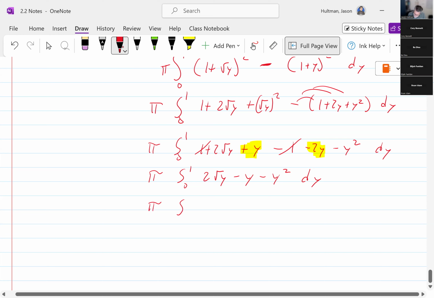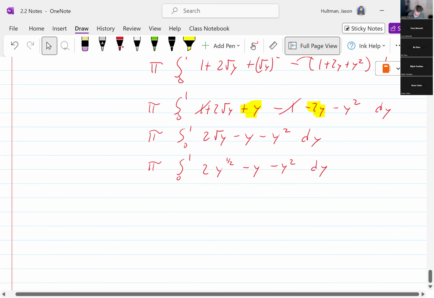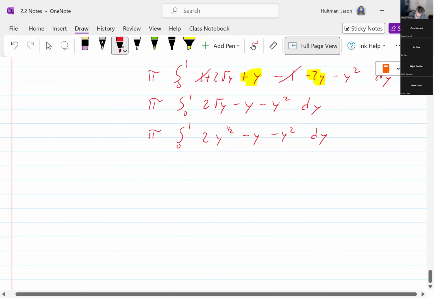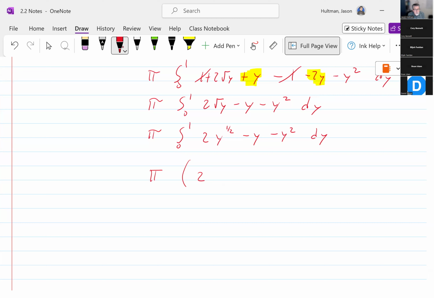I get pi times the integral from 0 to 1. I'm going to rewrite this as 2y to the 1/2 so I can integrate, minus y squared dy. Now we're going to integrate. This is going to become 2. Y to the 1/2 goes to what? 3/2.